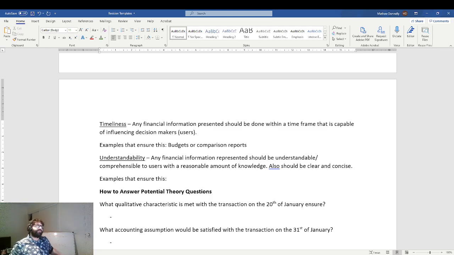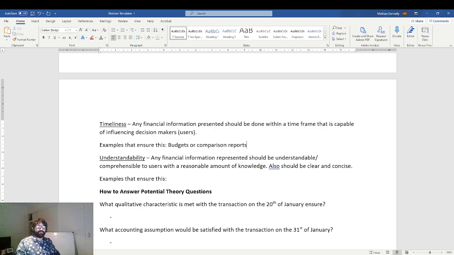So, for example, if I want to budget for Christmas, to see how we're doing, it would make sense for me to receive the budget before Christmas, right? Because I need to know what will happen to make adjustments. If I receive it after Christmas, it's not timely. It's not going to influence decision making because it's like, well, that's useless because it's Christmas 2025, so I want it in November 25, not January 2026.